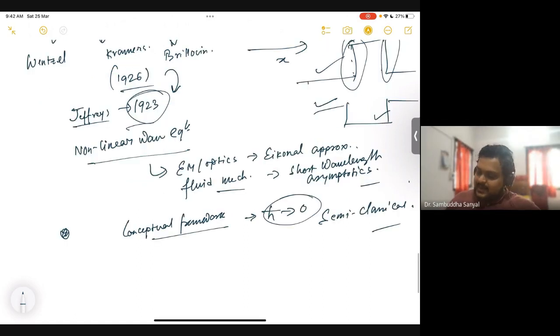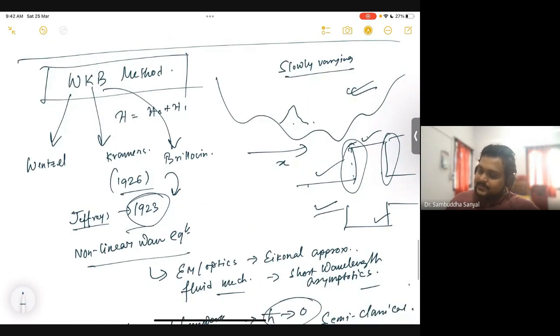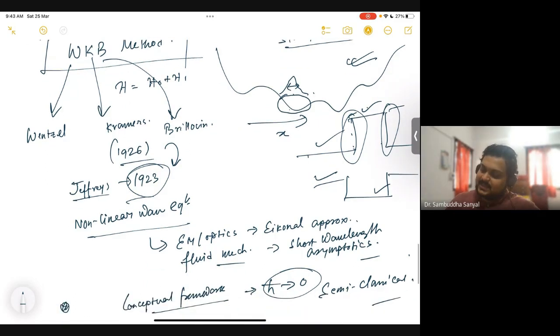Okay, and I can tell you immediately why it is so. Because what did I say? This fluctuation has to be smaller than, has to be less sharp than the extent of this wave function. And if h bar is going to zero, then this thing is very small. So that's why this is close to classical.